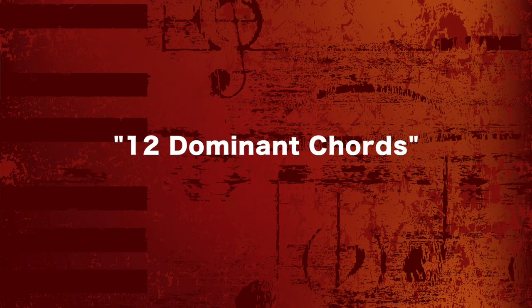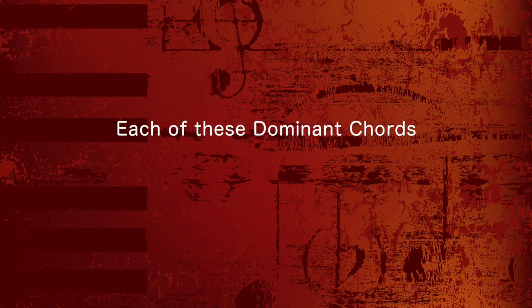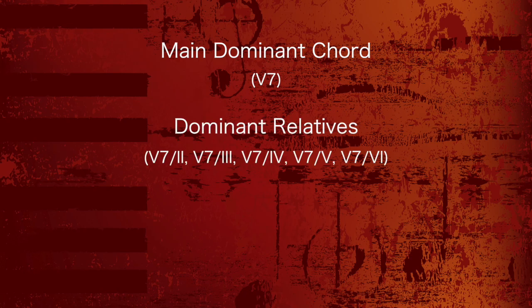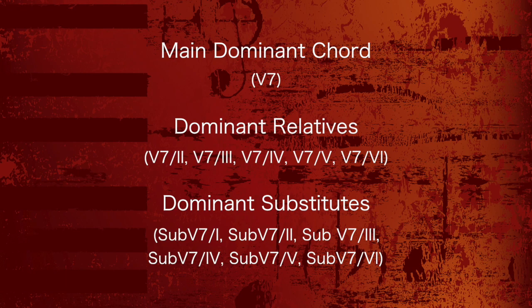So basically we have the whole chromatic scale of dominant chords which we can use as passing chords. Each of these dominant chords have a specific function relative to the tonality. We have the main dominant chord, we have the dominant relative chords, and we have the dominant substitute chords.